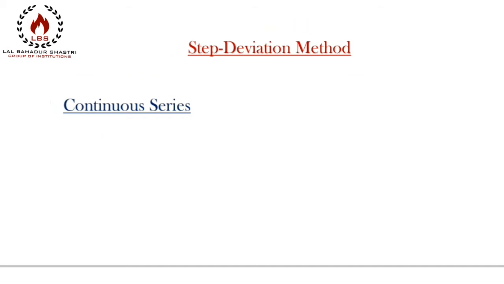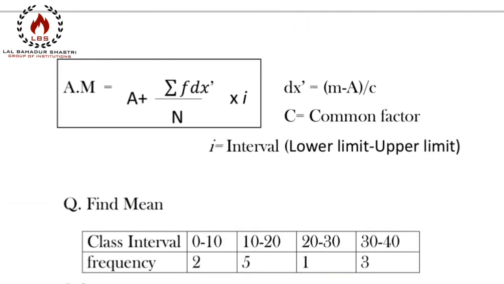So how will you apply the method? This is the formula for calculating arithmetic mean in the case of continuous series. The formula is the same as we used in the assumed mean method, that is the shortcut method.